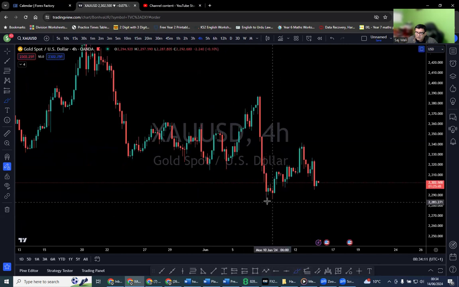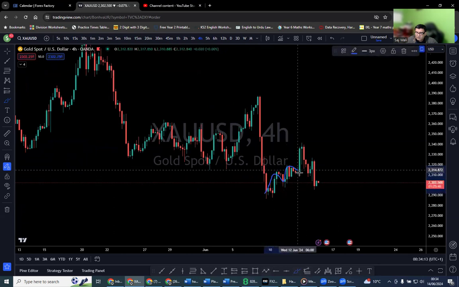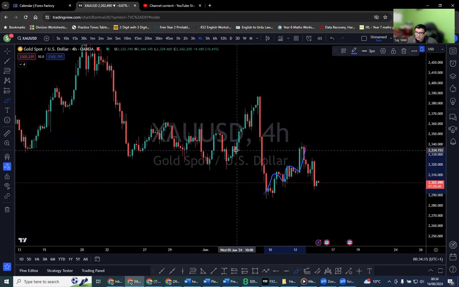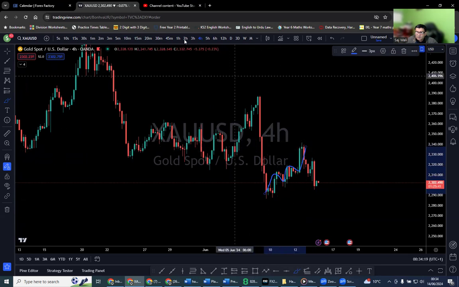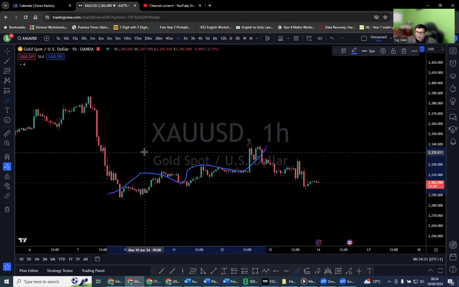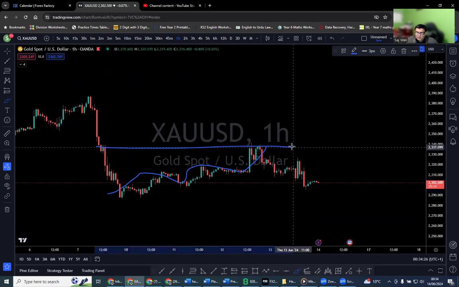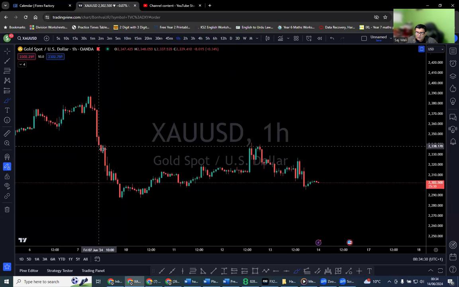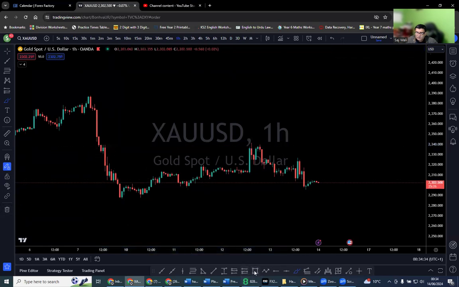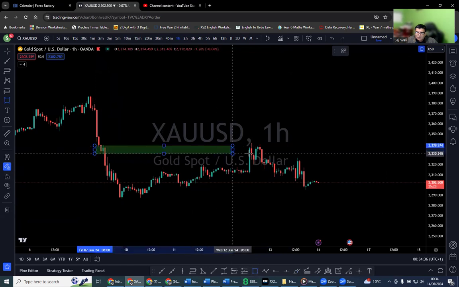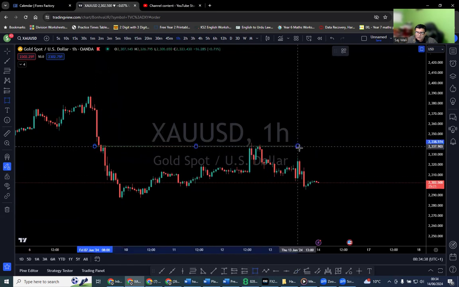As I said, the market kept going to the upside. And as you can see in 4 hours, there's an order block here where we have the rejection.